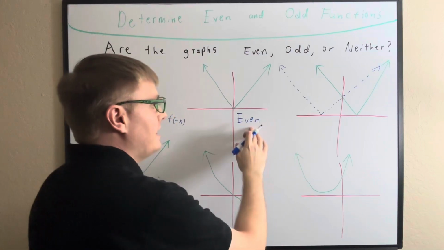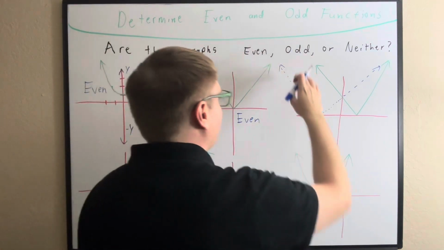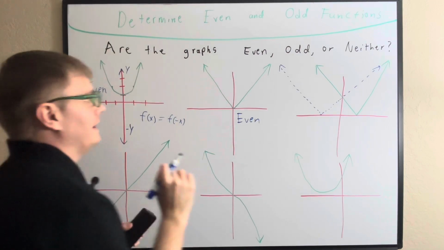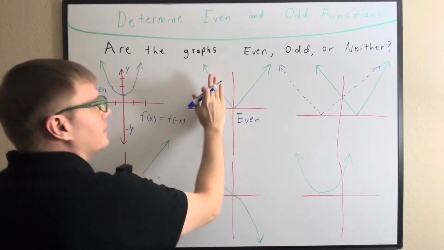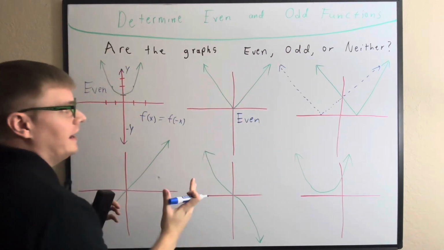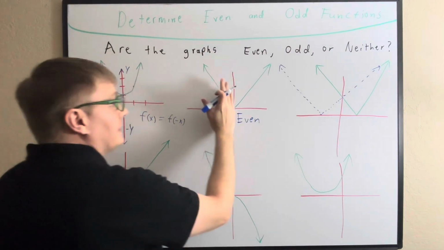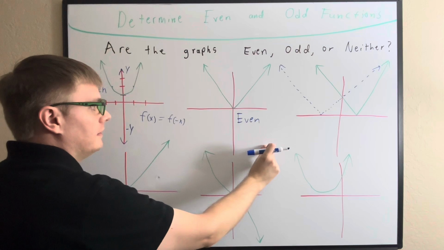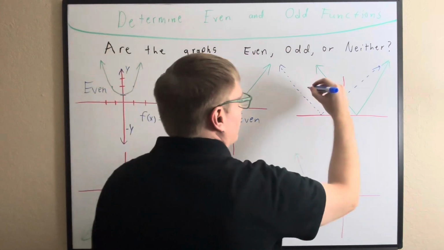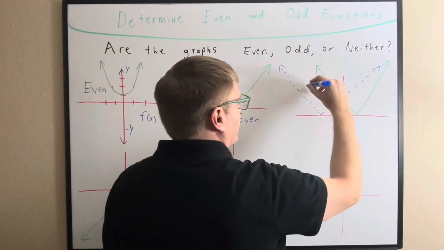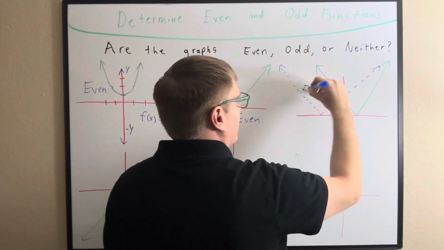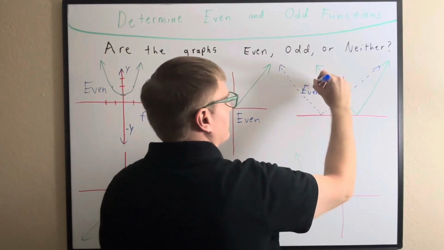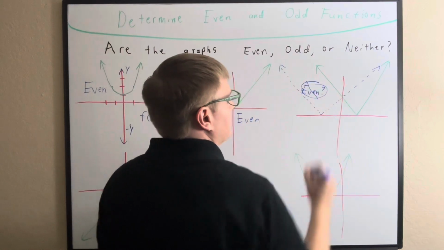Well, so we know it's not even, but is it odd? Now, I haven't gone over what odd means yet. With even, you're only reflecting it across the y-axis. With odd, you're reflecting it across the y-axis and the x-axis. So it's not even, because of this dotted line, let's just put even question mark and circle with a line through it, okay?